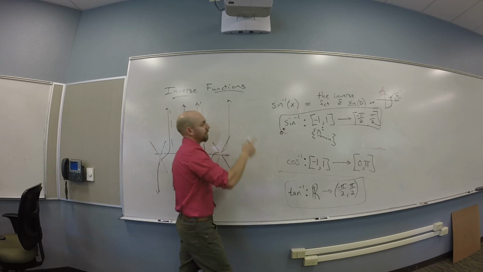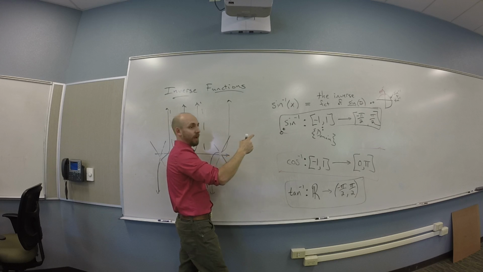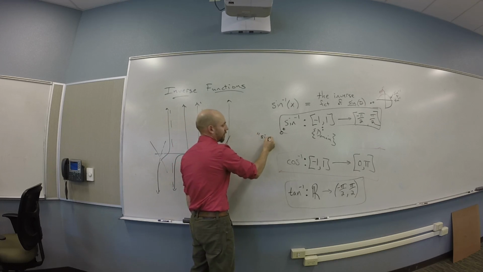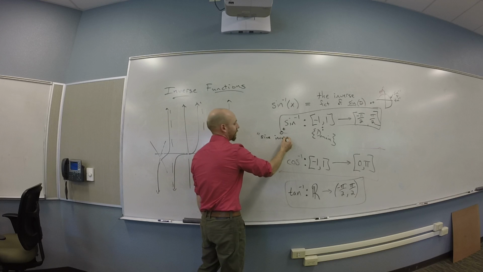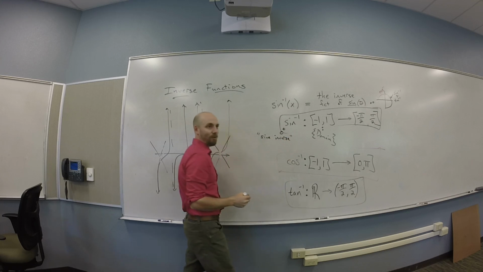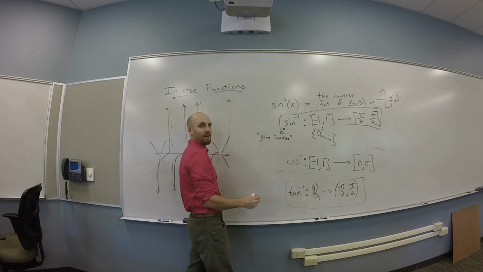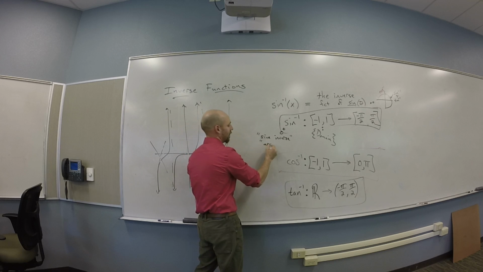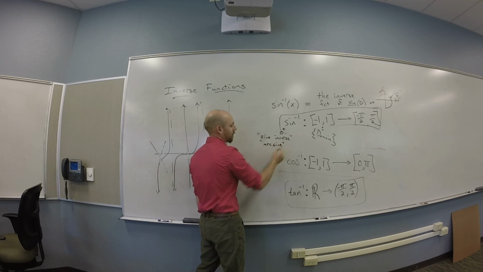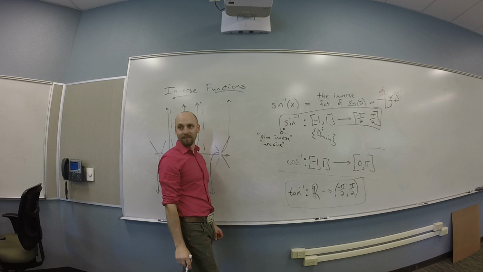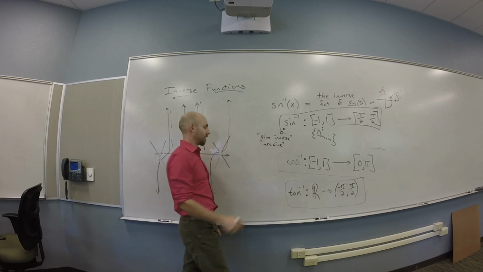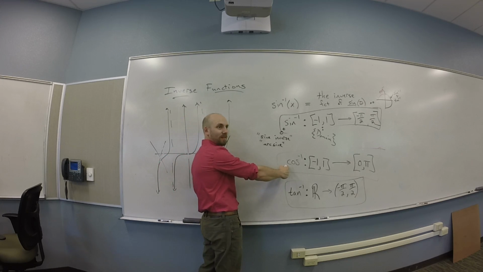Oh, and a word of warning. Sine inverse, you can say sine inverse the way I've been saying it, or you can say arc sine, the arc whose sine is. This one you would say cosine inverse or arc cosine.